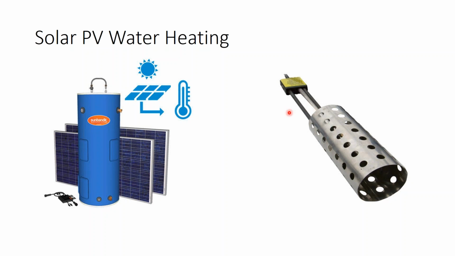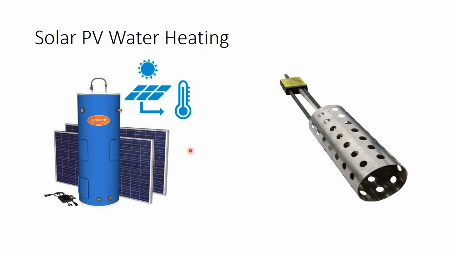It might be that you have a preheating tank that turns on and preheats water during times of excess solar production, and then a secondary tank for your hot water that runs off your batteries to make sure that you have all the hot water when you need it.